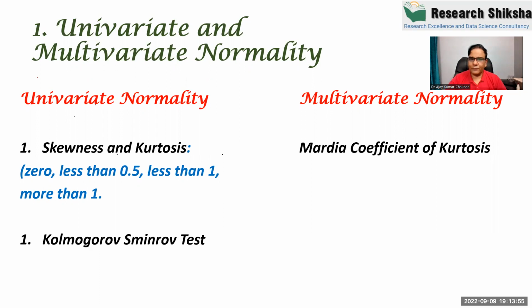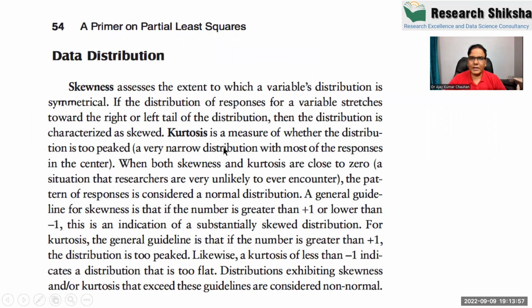So the reference I will show you, I take this from the book written by Ringle. And it is mentioned that it is plus 1 or minus 1. So a general guideline for skewness is that if the number is greater than plus 1 or lower than minus 1, this is an indication of a substantially skewed distribution.